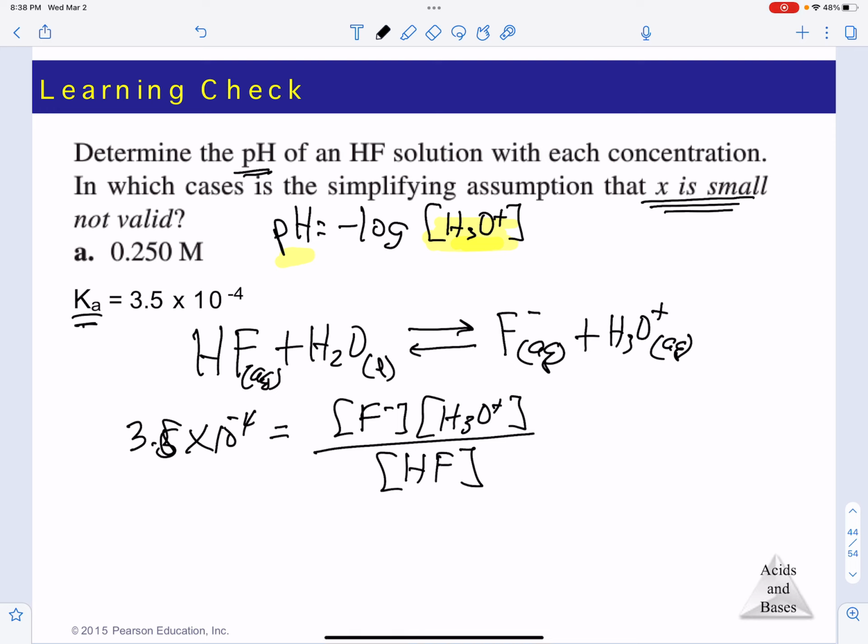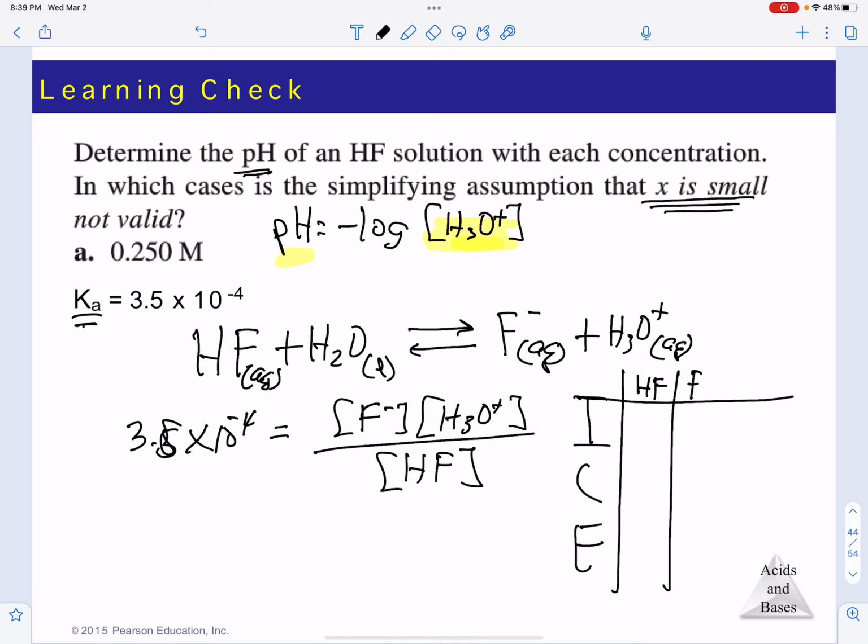If we do an ICE table, where we have the hydrofluoric acid, we do not include the water, it's a liquid, the fluoride, and the hydronium, we will know that initially we started with 0.250 molar of hydrofluoric acid. There was nothing of these two.